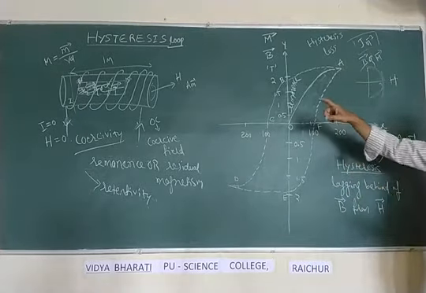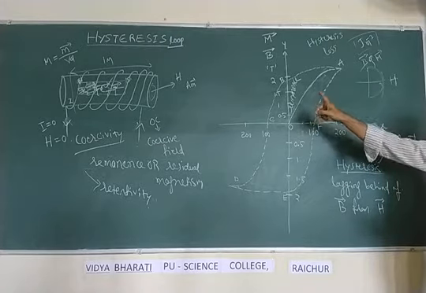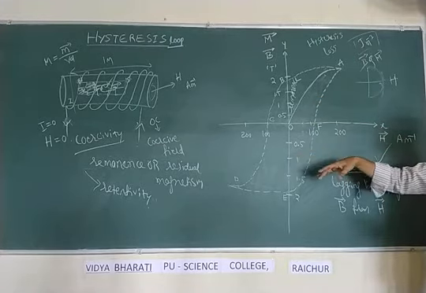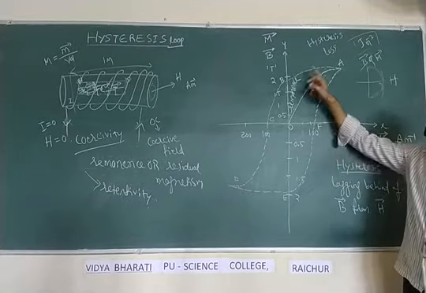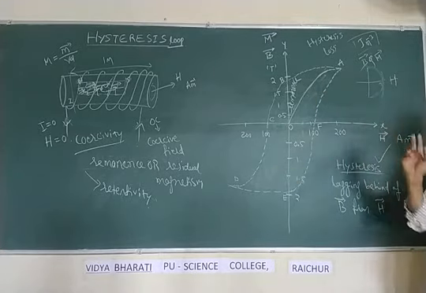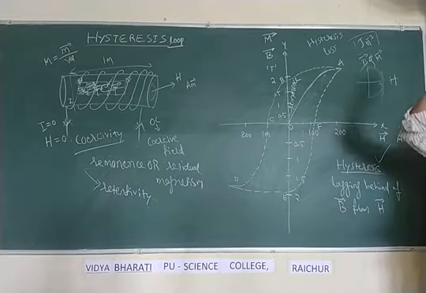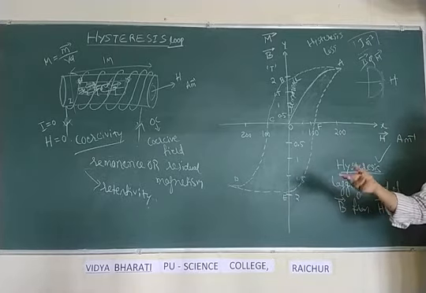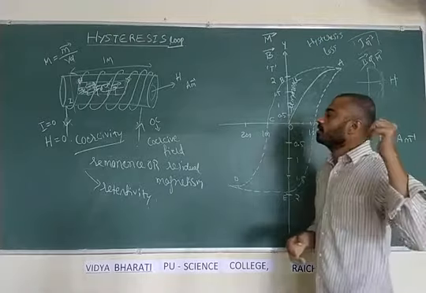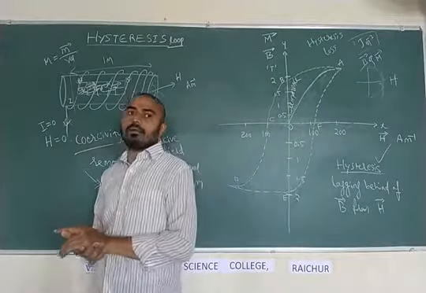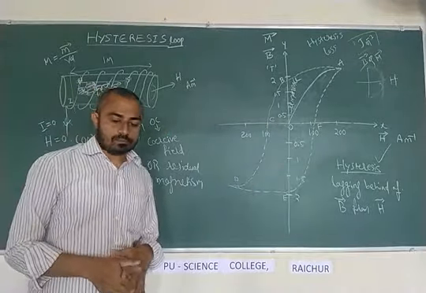Once you make that material undergo one magnetization, if you go through another cycle of magnetization, you may not get the same repeated path. It depends upon its previous treatment, how it was treated, how it is treated now, how it is going to be treated. That's why it is called hysteresis. It cannot remember the previous treatment or history.